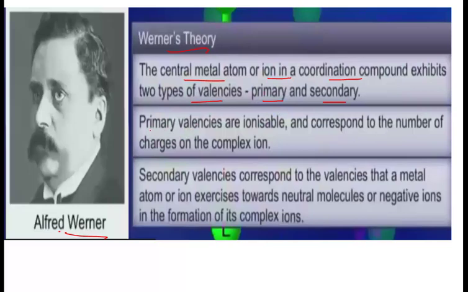Then, primary valencies are ionizable. Whatever species is written outside the coordination sphere, for example Cl3 in [Co(NH3)6]Cl3, this is the primary valency, and it is ionizable and corresponds to the number of charges on the complex ion.